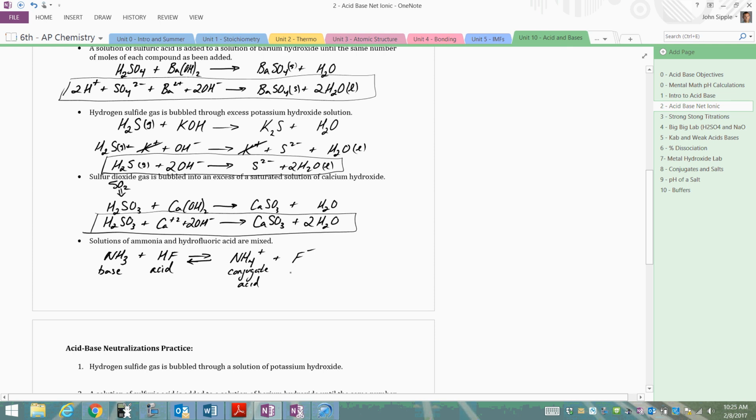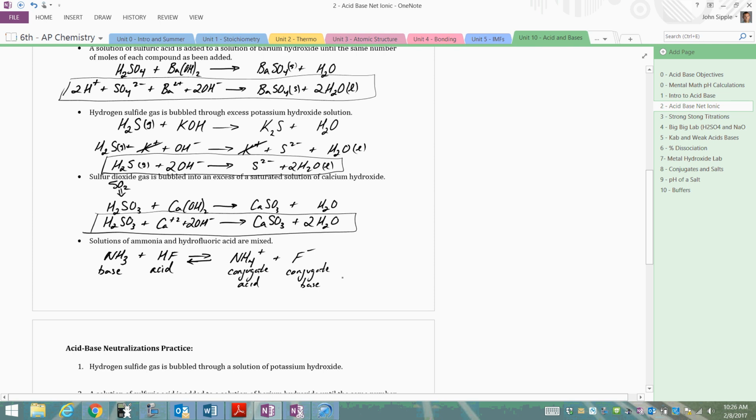And the fluoride would be acting as the conjugate base, because if you go back the other direction, F would be the proton acceptor, so it's acting as a base, and the NH4 would be the proton donor, because it's acting as the acid. So on the product side, we just call them the conjugate.